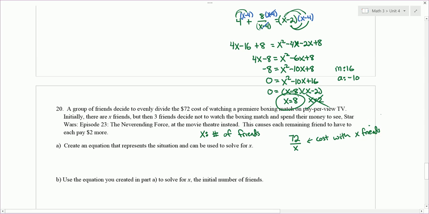But then what happens is 3 friends decide not to watch, and so now it still costs $72 to watch, but there are 3 friends less. So there was x, now there's x minus 3 friends, so now this is the cost with x minus 3 people.